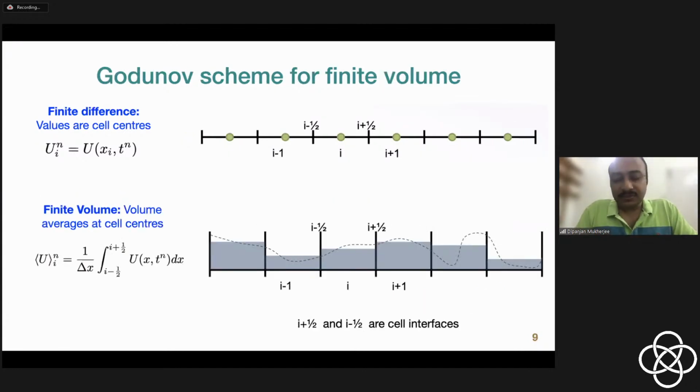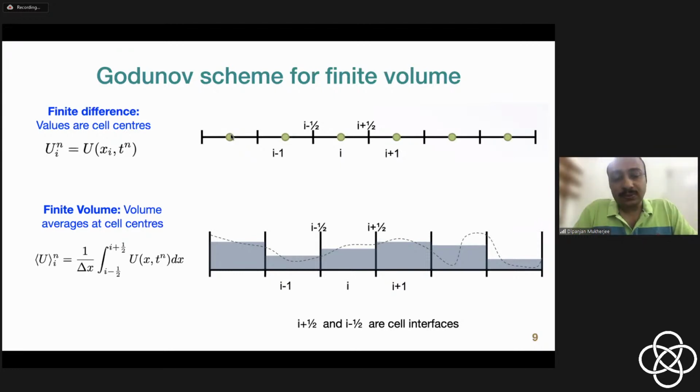So in the conservative form of the equation, what we actually derive, so this is the finite difference scheme where you have defined a grid like this. So the grid points are, say, at each of these vertical bars. And your quantity there in the finite difference schemes are defined at the center. In the volume average schemes, here again, all the quantities are defined in the center.